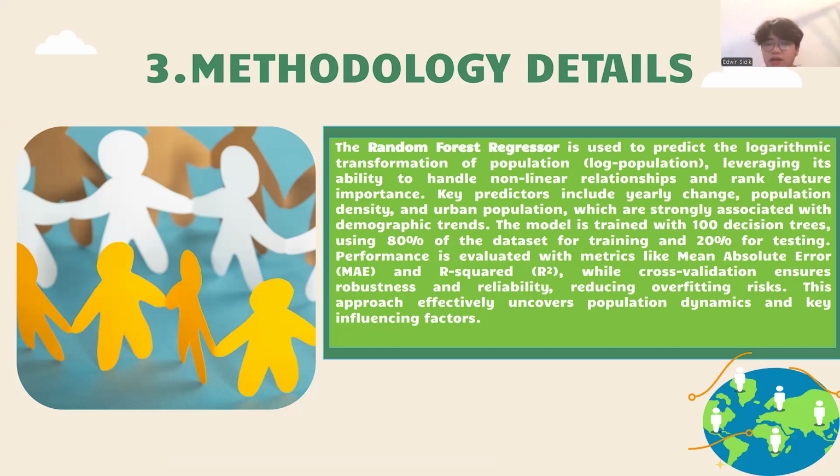The model is trained with 100 decision trees using 80% of the dataset for training and 20% for testing. Performance is evaluated with metrics like mean absolute error and R squared, while cross-validation ensures robustness and reliability, reducing overfitting risk. This approach effectively uncovers population dynamics and key influencing factors.